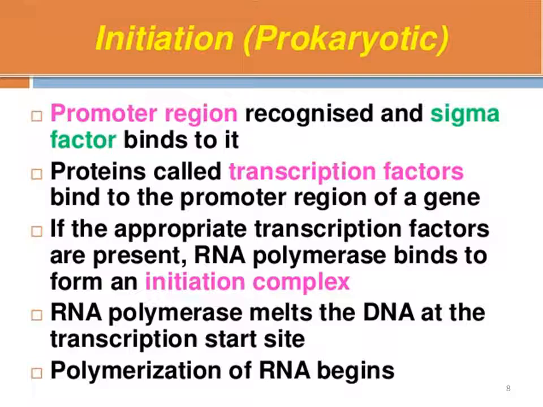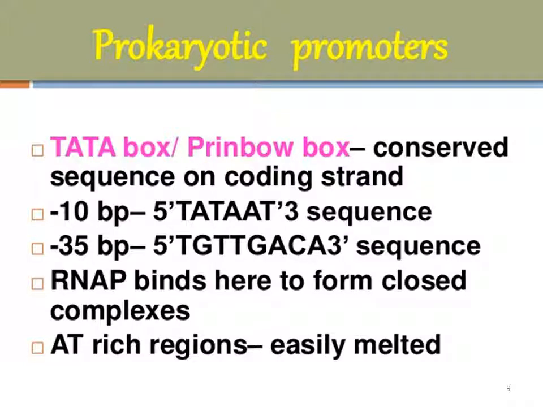Then RNA polymerase melts the DNA. As we have already discussed, two enzymes are used, topoisomerase and helicase. So the two enzymes melt the DNA molecule, then they create the transcription start site. So when all this is happening, the polymerization of RNA begins.